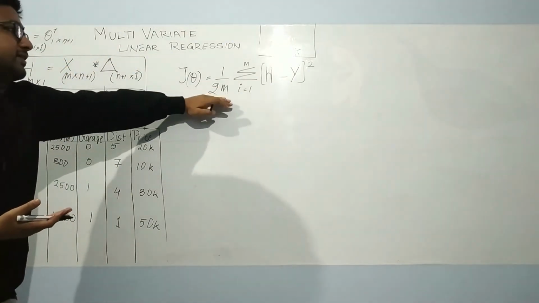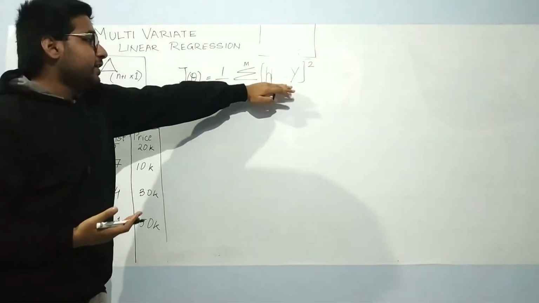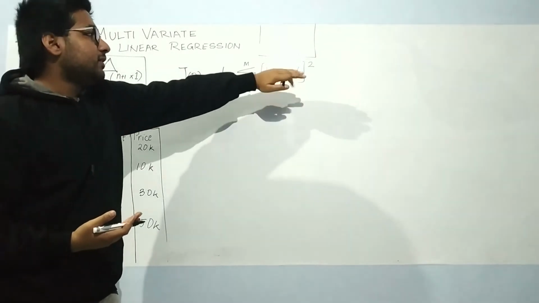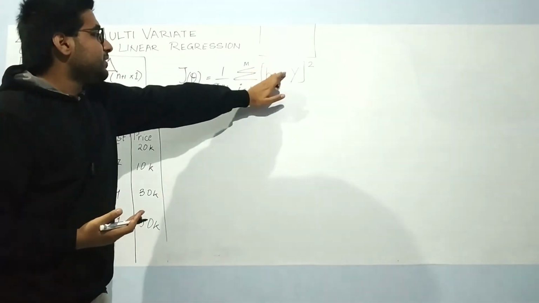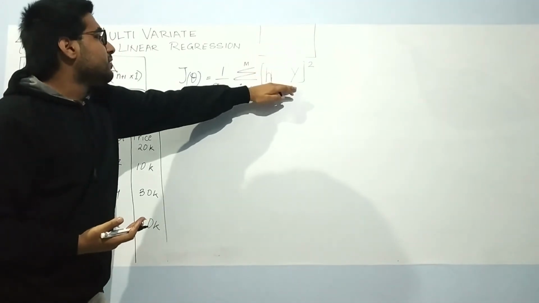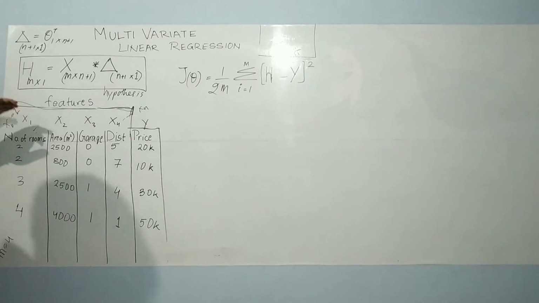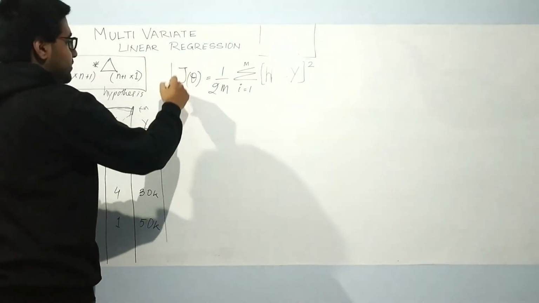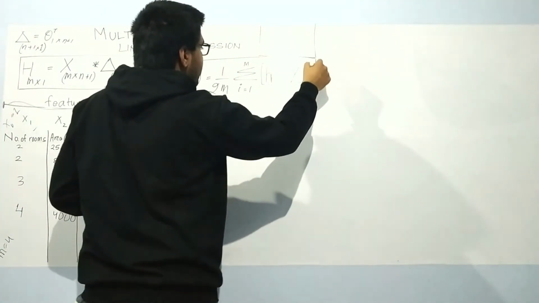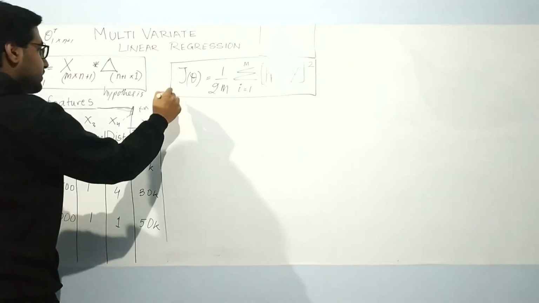So first we're taking the error, you can also write this as the error squared. You're squaring the error, and then you're taking the average of all the errors across the entire training set. So this is the equation for the cost function.